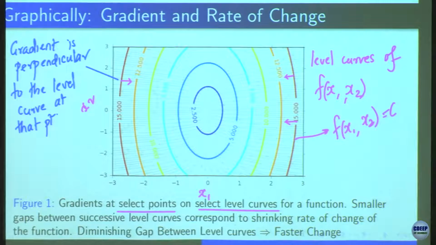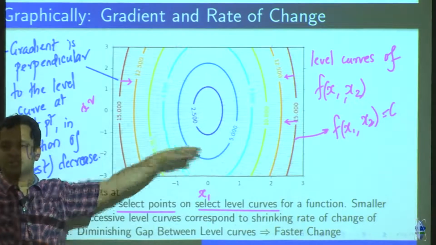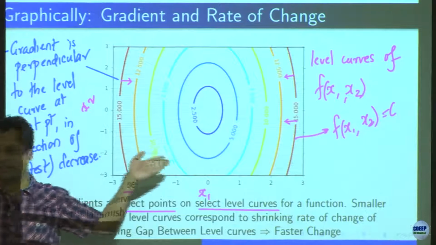In fact, the fastest rate of decrease, the direction of fastest decrease. So, this is the negative of the gradient, in the direction of fastest decrease if you want. But fastest is in a specific sense of some Euclidean norm. Interestingly, these curves are for a quadratic function. As you can see, these look like ellipses, right? So, you can guess the nature of the function.